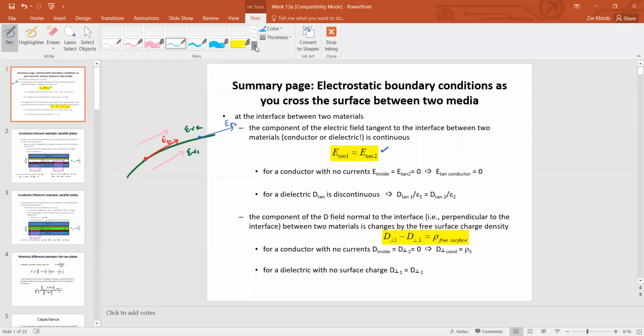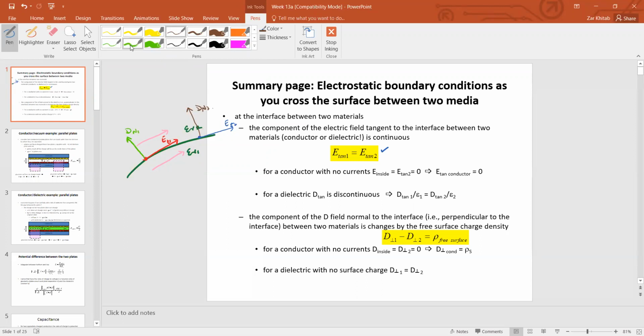What happens to the normal component? Say this is D normal 1 and this one is D normal 2.